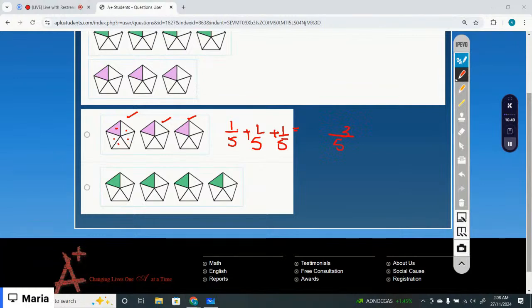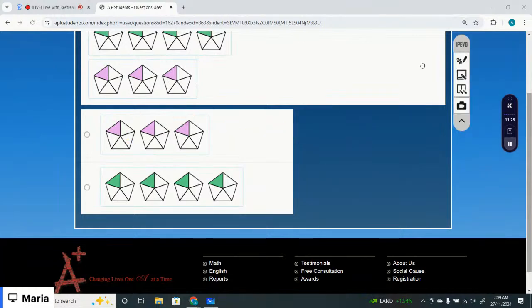So option number 1 is the correct option, which represents 3 by 5.